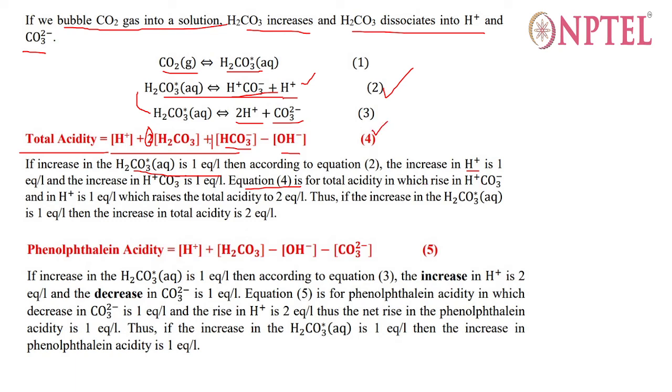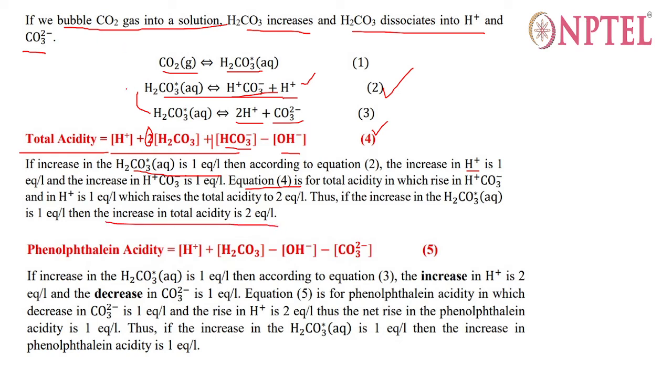Then, as per equation number 4, that is total acidity, HCO3 minus and H plus are 1 equivalent per liter each, right? So it raises the total acidity by 2 equivalent per liter. If you just put the values here, you will find that the total increase is 2 equivalent per liter.